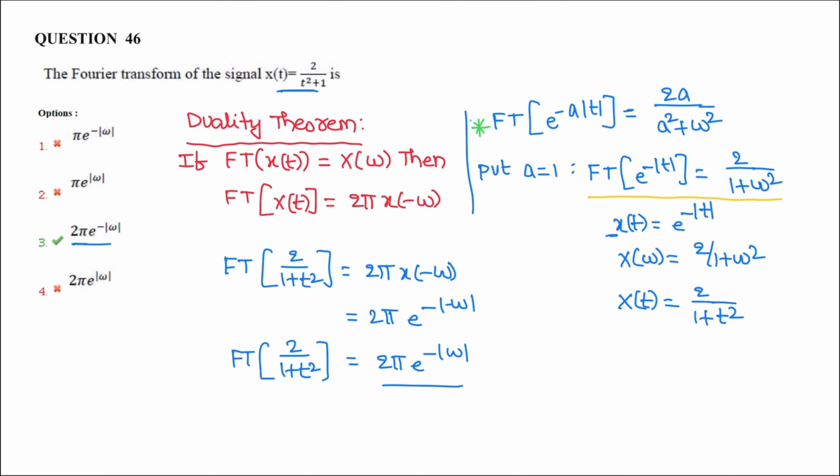Here x of t is equal to e power minus mod t, capital X of omega is equal to 2 by 1 plus omega square, capital X of t is equal to 2 by 1 plus t square, which is the given question we need to solve. So the Fourier transform of 2 by 1 plus t square is equal to 2 pi small x of minus omega. The correct answer is 3.